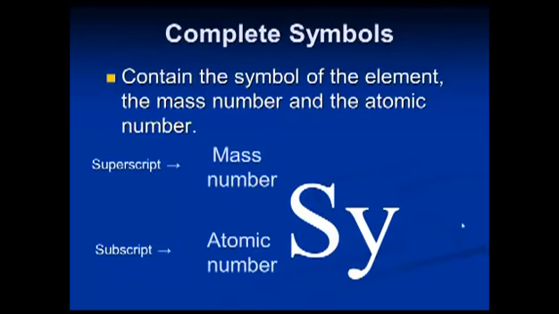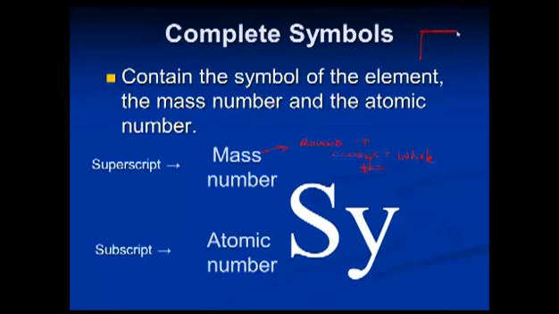What you have next is called a complete symbol, and it contains the symbol of the element, the mass number rounded to the closest whole number, and the atomic number. The mass number is the number at the bottom of your element symbol in the periodic table, so round this to the closest whole number.